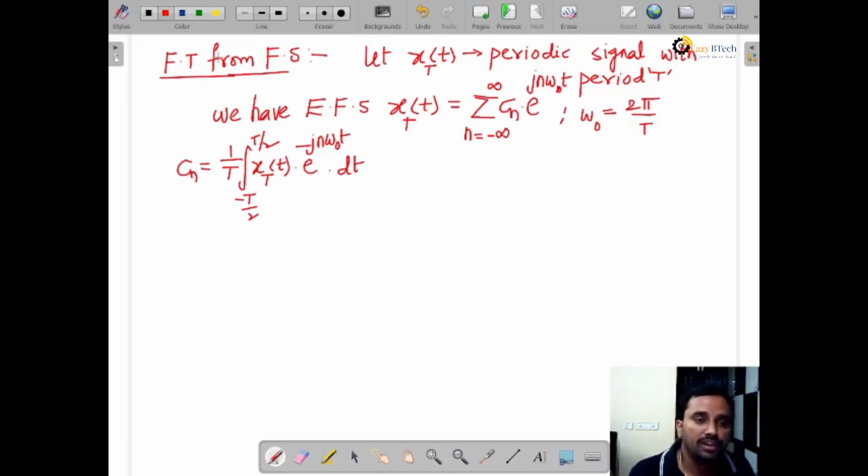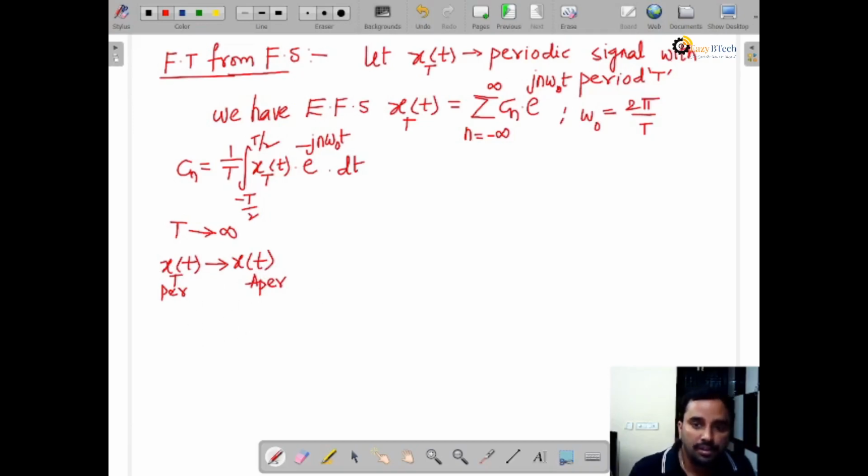This we have for periodic signals. Now for Fourier transform, what I am doing here is, the time period T tends to infinity. This is the point we are considering. If the time period goes to infinity, the periodic signal x of t will become an aperiodic signal.